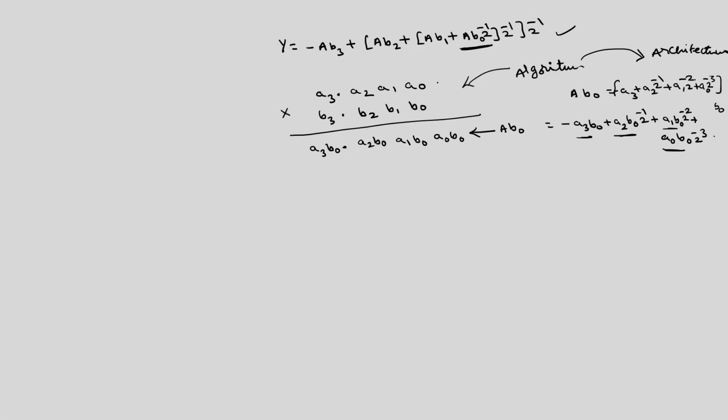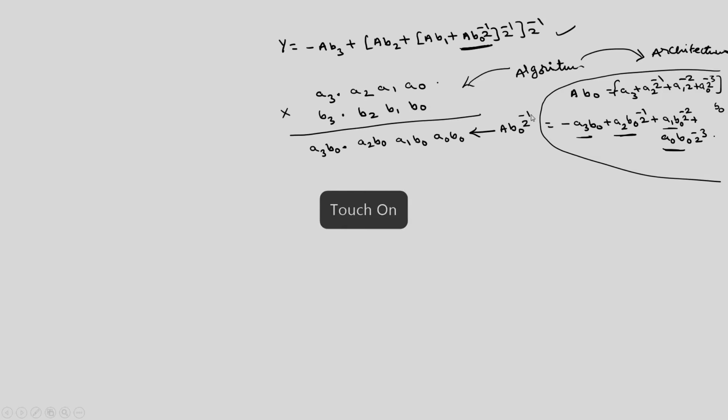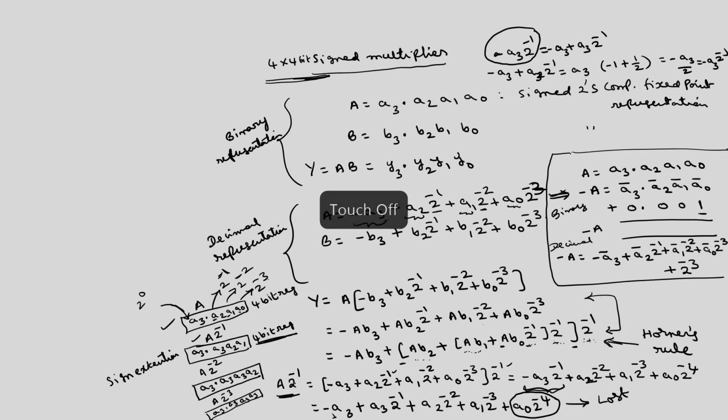Suppose I want a b0 into 2 raised to the power of minus 1 also. In the previous lecture we have shown that a into 2 raised to the power of minus 1 is simply a3 a2, the sign bit will be copied.